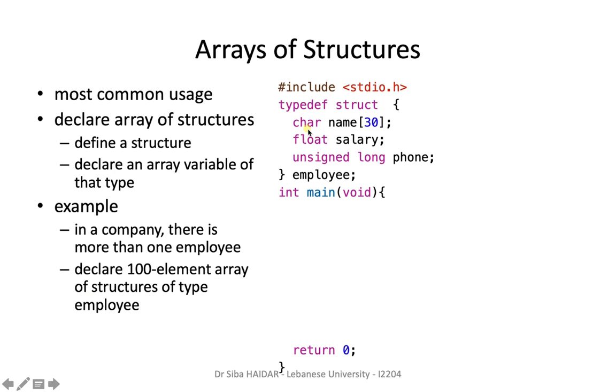Let's define our type employee as usual, typedef struct employee with name, salary, and phone. And then inside main, for example, I can declare an array of 100 employee. So employee is the type, employee brackets 100, and the name of this array is employees with S. What is the shape of my employees array?